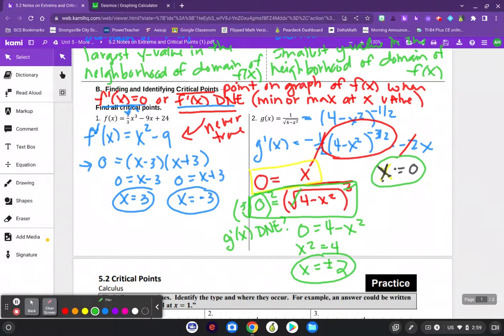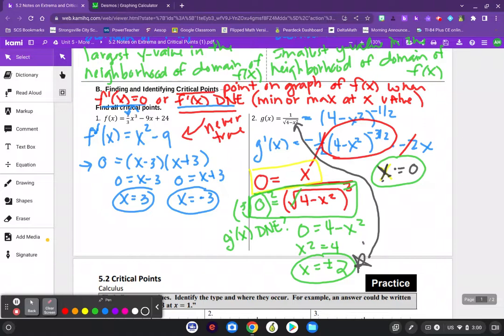But we have to be careful. We have to make sure that anything that we find that would cause the derivative to be undefined would not also cause the original to be undefined. So if I were to put this into the original function, my original function is not defined.